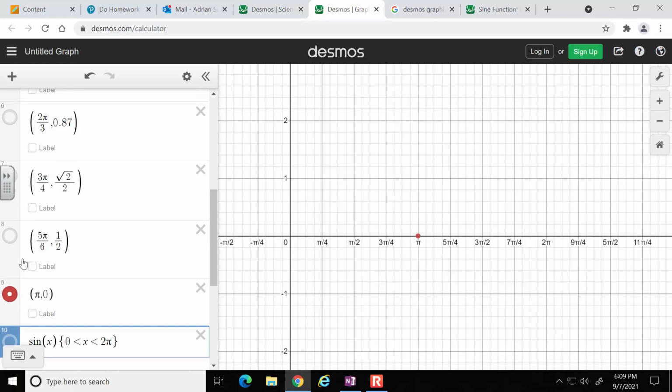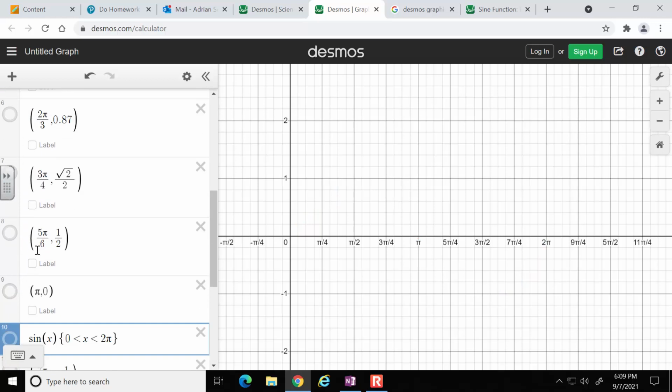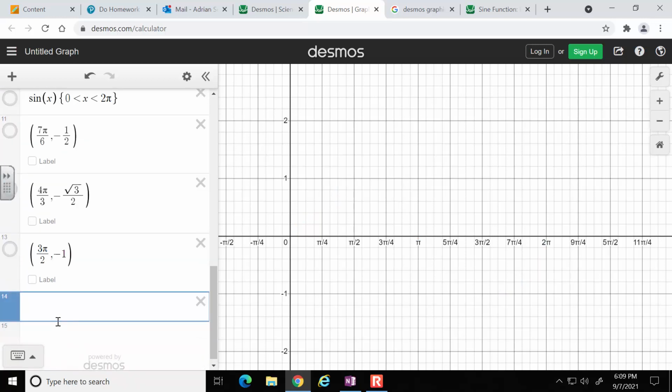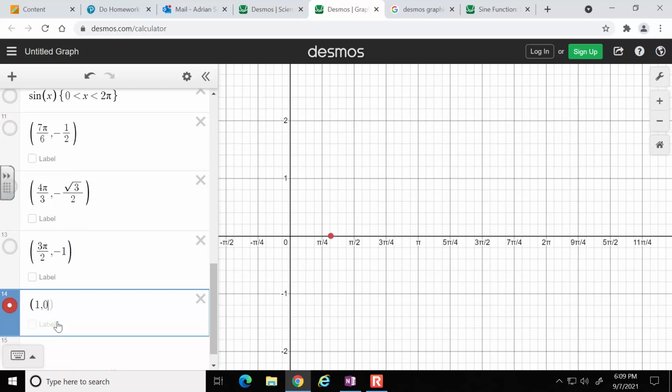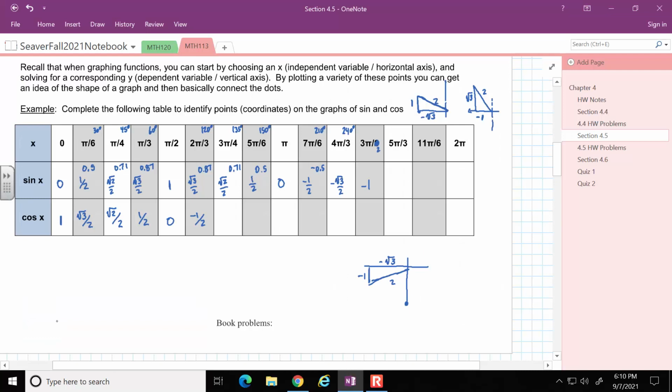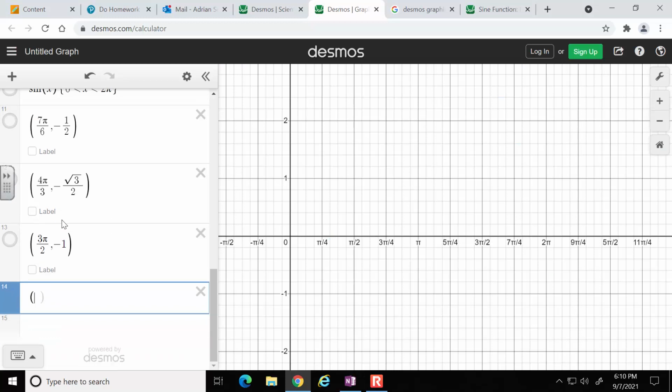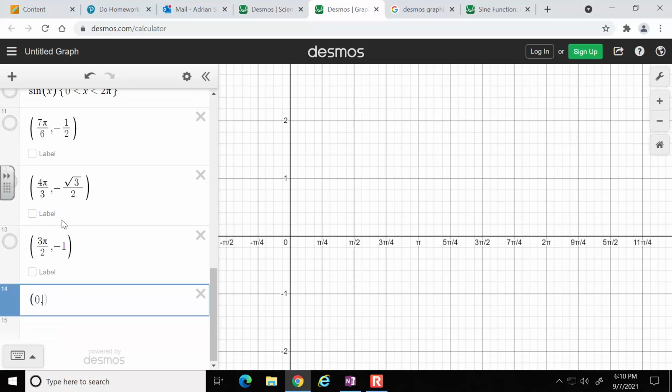So for cosine, we started at, I'm sorry, 0 comma 1. Here our x value is 0, our y value is 1. So our graph of cosine at 0 is going to start at 1.